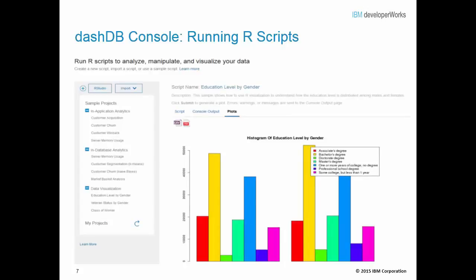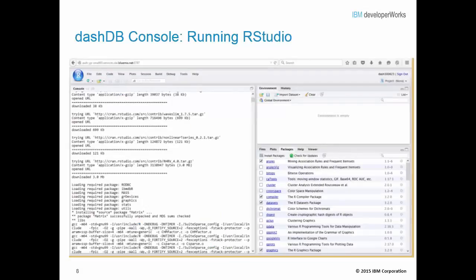So you can write scripts that actually plot your data and do bar charts and the various types of graphic output available in R. And here's a screenshot of the RStudio environment. And again, RStudio is an IDE that allows you to manage and run your R code.